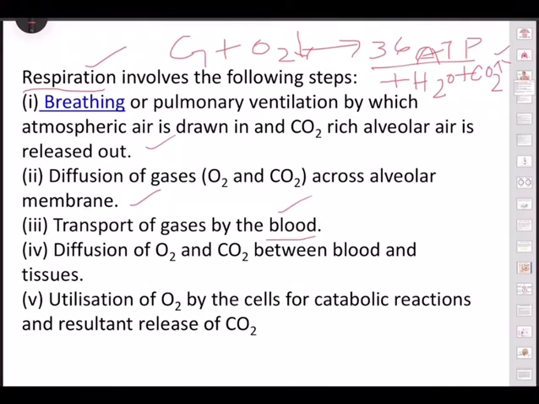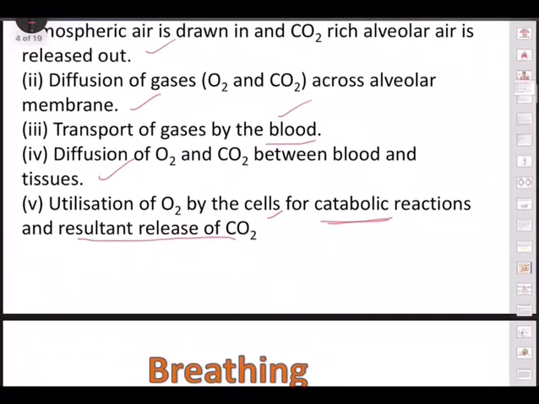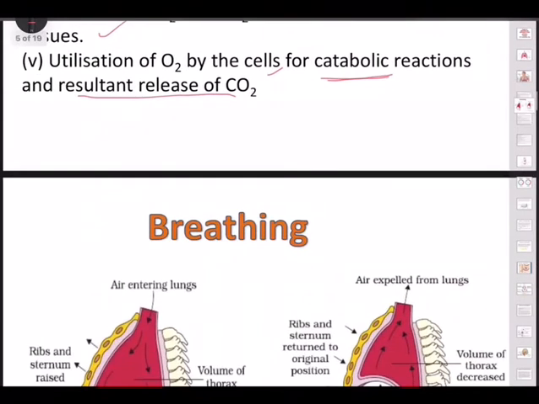Now from alveoli it enters into blood, and diffusion of oxygen and CO2 between blood and tissues. From blood it enters into tissues, and utilization of oxygen by the cells for catabolic reactions, and resultant release of CO2. So these are the various steps that are involved in respiration.